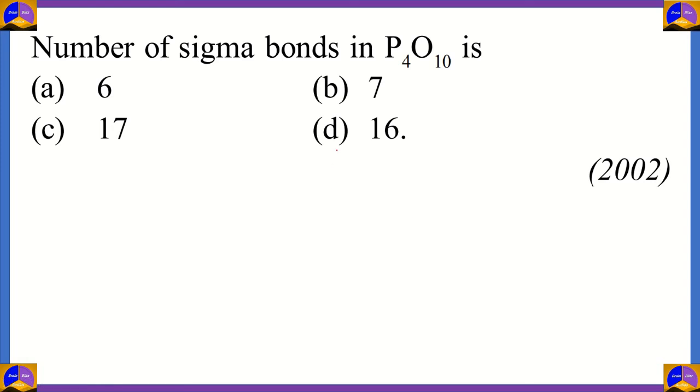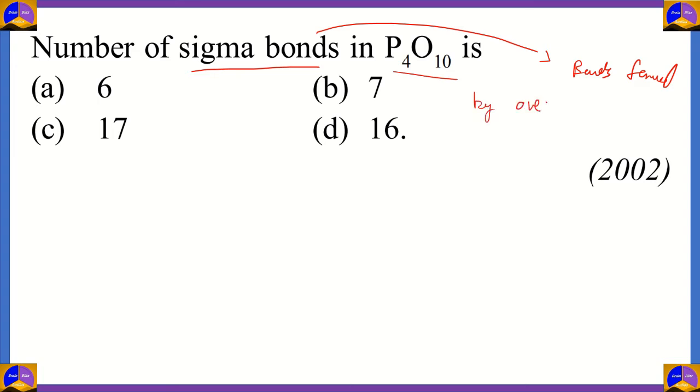Next question. The number of sigma bonds in P4O10 is it 6, is it 7, is it 17, is it 16? So what exactly are sigma bonds? Sigma bonds are bonds formed by overlapping of orbitals, and these are the strongest type of bonds, so having these bonds is very important.